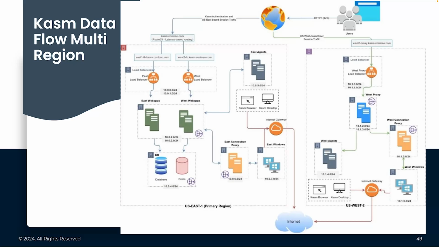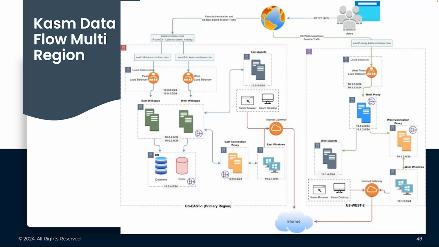However, if they're getting routed through that West load balancer and that West web app server, the magic that happens here is when this hits, the users are going to get redirected here to another load balancer, but more importantly, to the dedicated proxy server for the West environment.